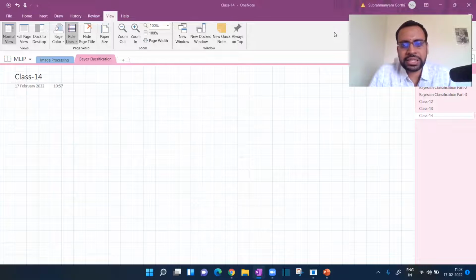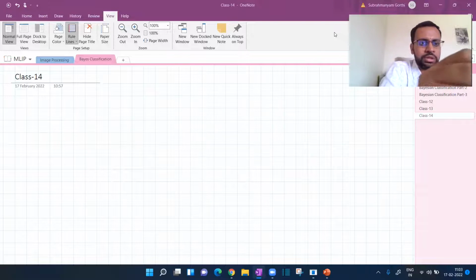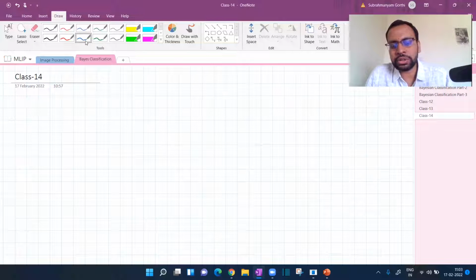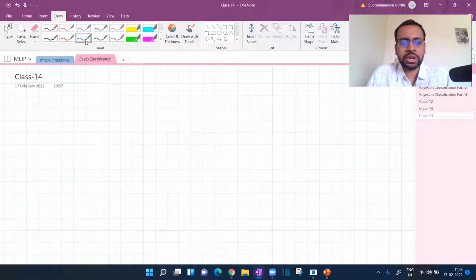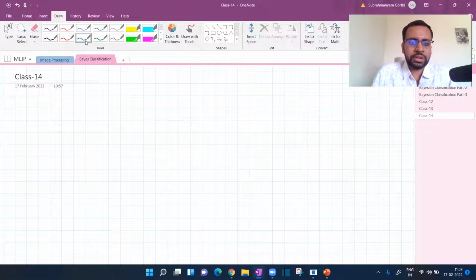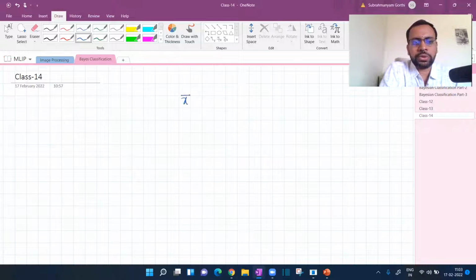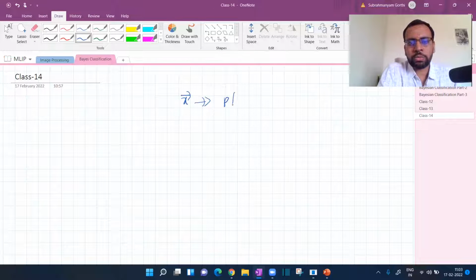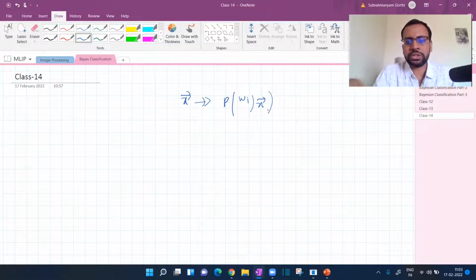In the last class, or maybe in the first class of this module, we figured out that what we would be finding in this whole process are the a posteriori probabilities for a given x bar. All you need to do is compute the probability of omega I given x bar for all classes.